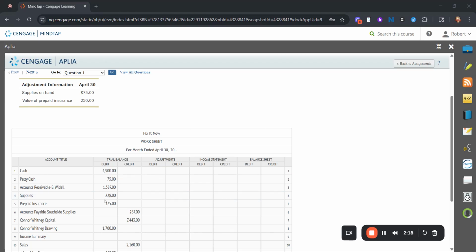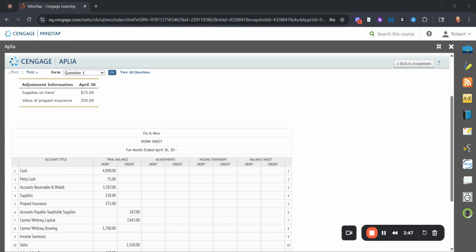So we started the month with supplies of $228. The ending value of supplies is $75. So $153 worth of supplies have been used during the month. So we need to decrease the account value of supplies.